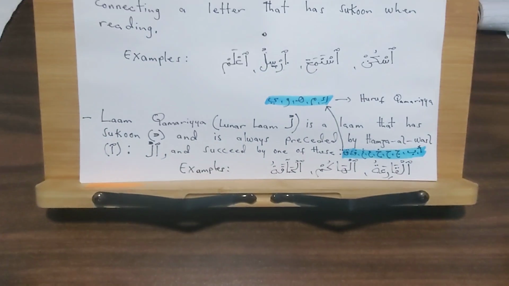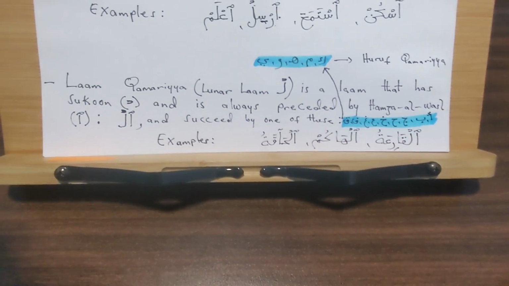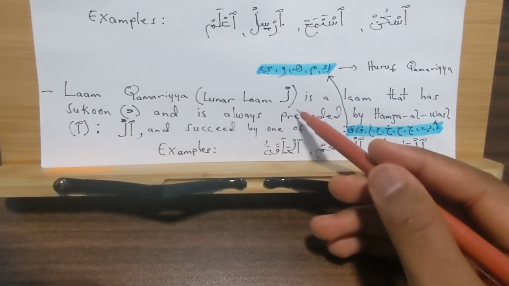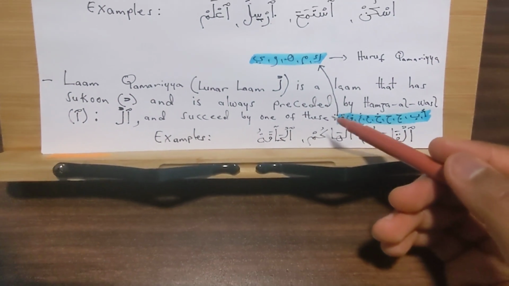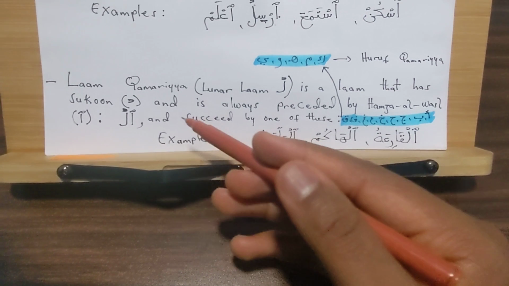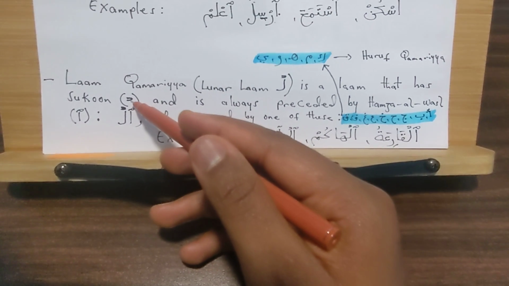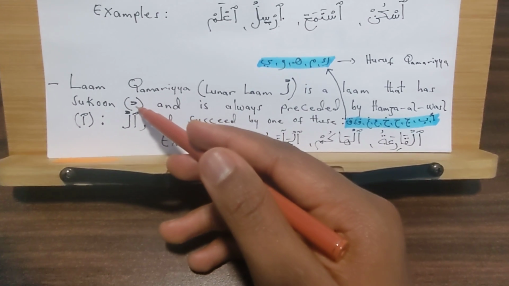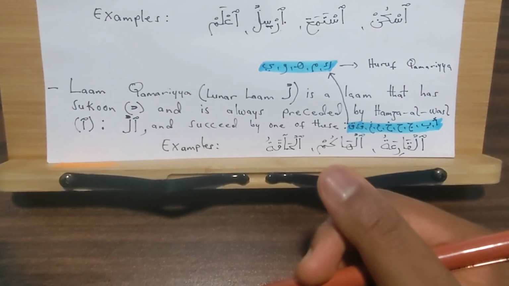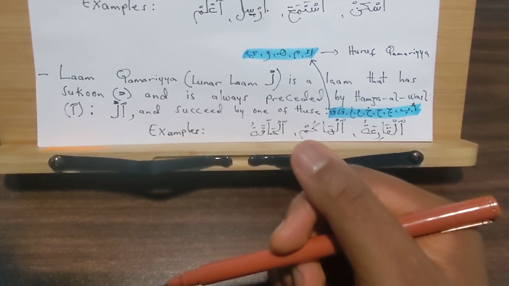And then the next one is the Laam al-Qamariyya, which is also called the lunar Laam. The Laam al-Qamariyya is a Laam that has sukoon on top of it. This is how the sukoon is written in the Mus'haf, especially the Tajweed Mus'haf.